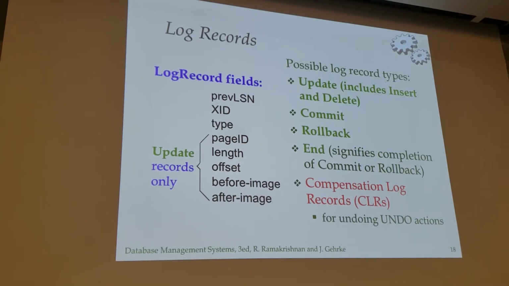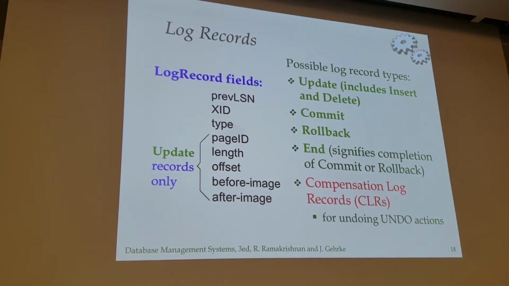Basically, what are the log record types? Well, there's an update, which includes insert and delete as special updates. There's a commit record, to say that the transaction committed. There is a rollback record, which says somebody caused this transaction to roll back, and I have to undo it.